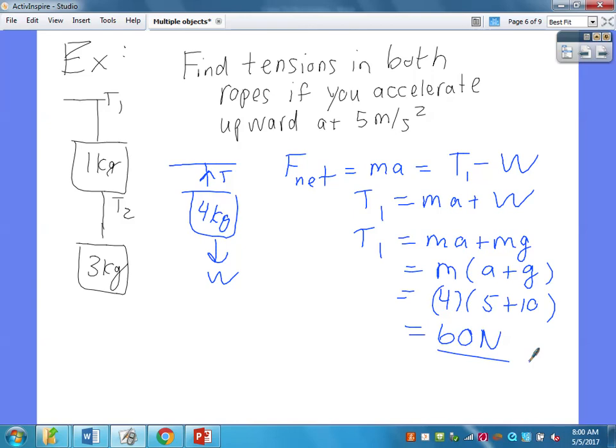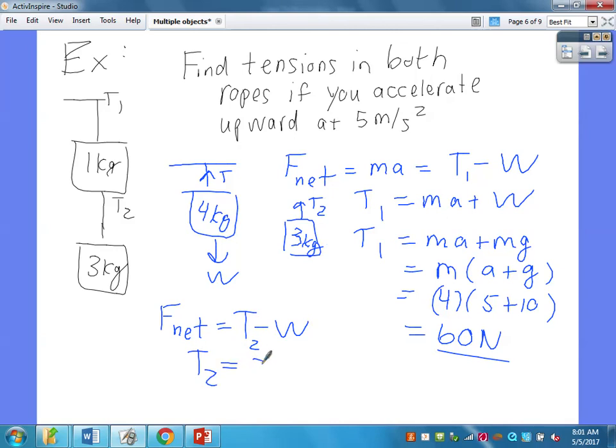All right? What would be the bottom tension? You're finding that that was the top tension. The bottom tension would just be basically the same thing. F net equals T2 minus the weight. The bottom tension is only holding up the 3 kilogram mass. And so I'm going to really speed this one up.